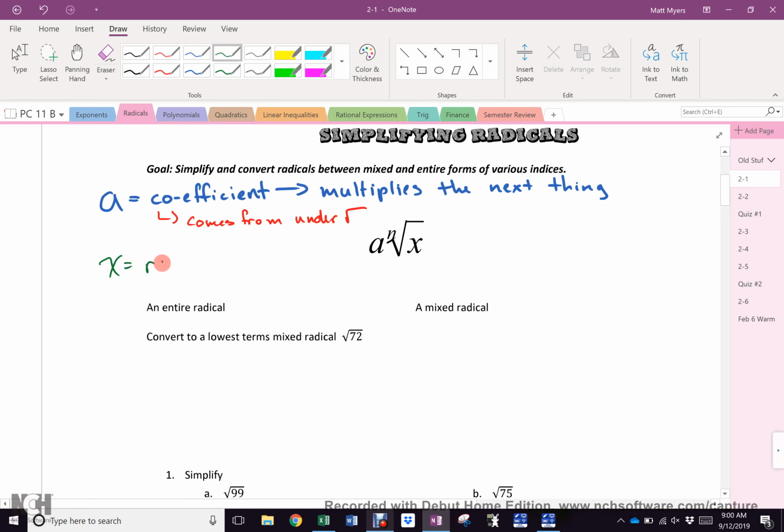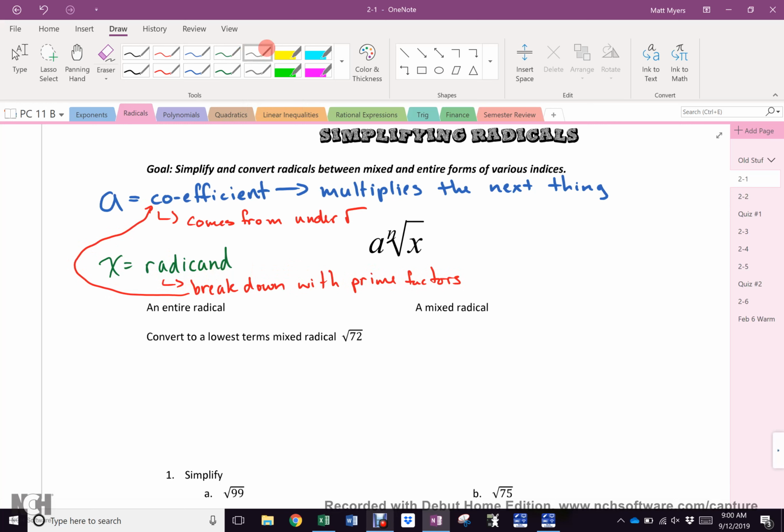X is what we call the radicand. That is the number that we are breaking down with prime factors. And this breakdown is what gives us that coefficient.